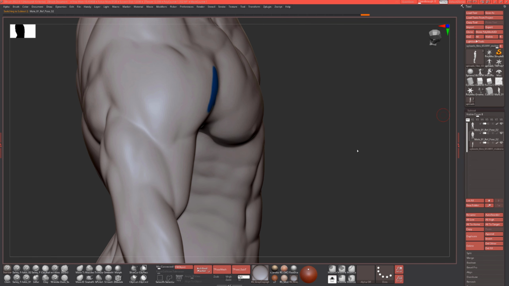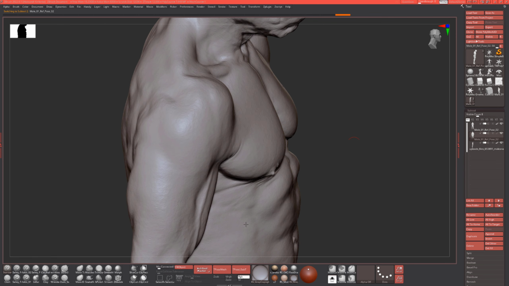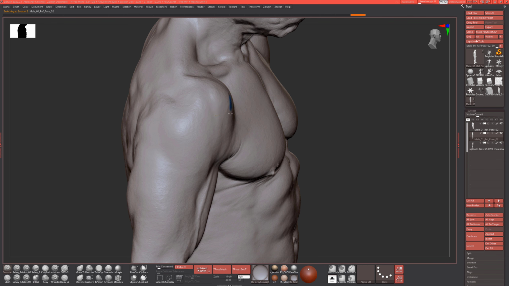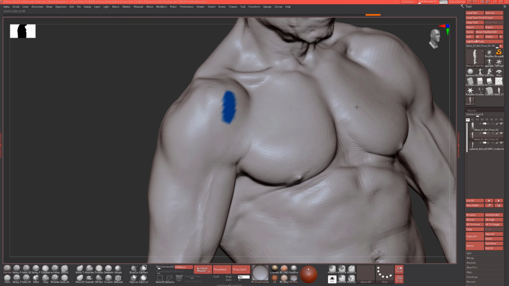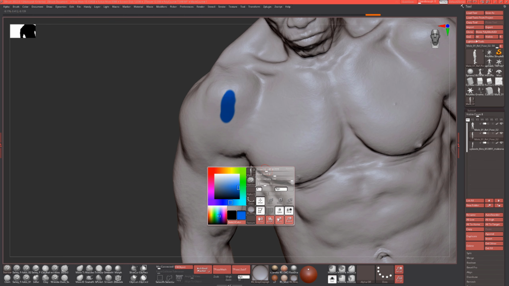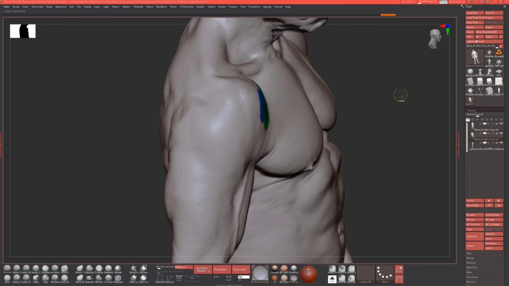So let's take this model instead, roughly the same angle, and this is going to be the end of the deltoid on this guy. So if we do the same thing, if we start rotating, we begin to see that there's this whole section that is still left, that is still visible.